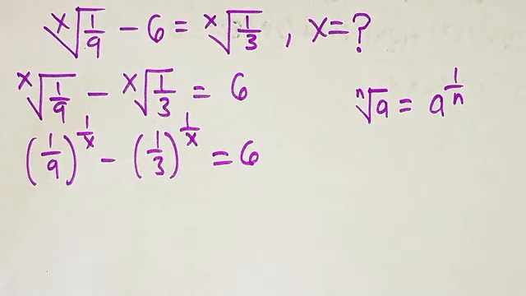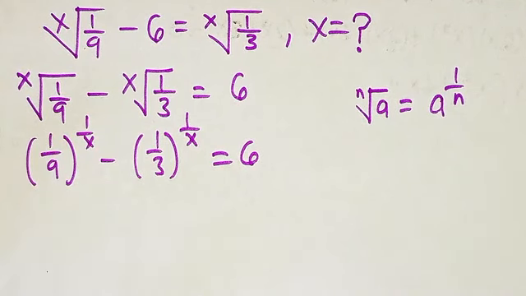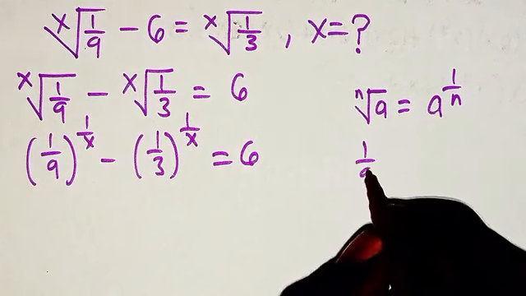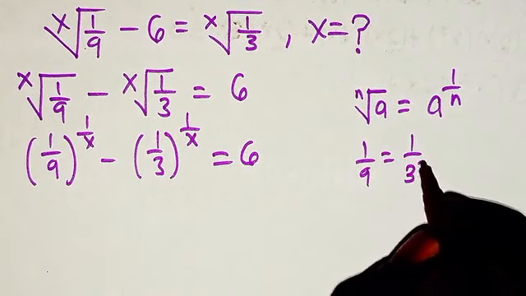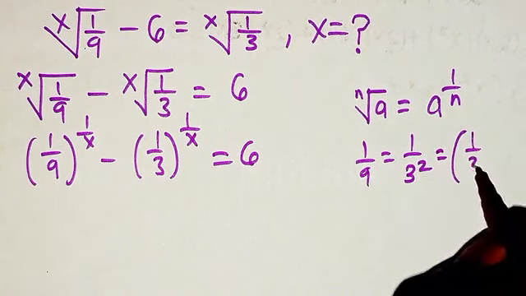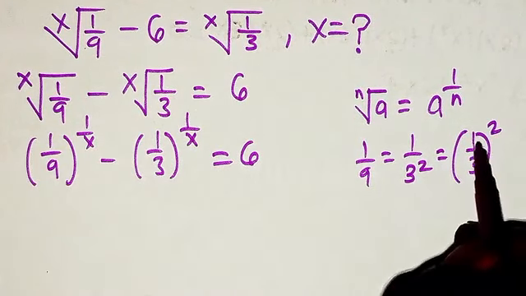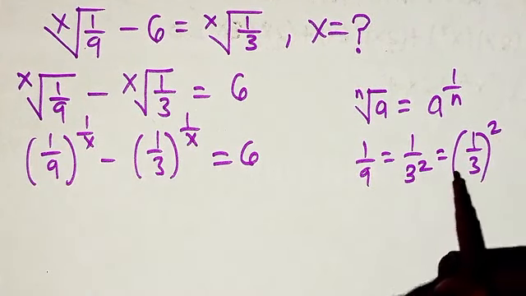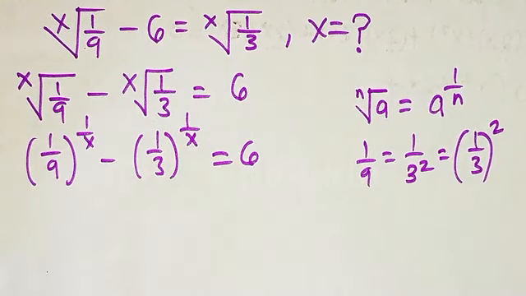Now the next thing we are going to do: this 1 over 9, I can rewrite as 1 over 3 all raised to power 2, because 1 squared is 1 and 3 squared is 9.